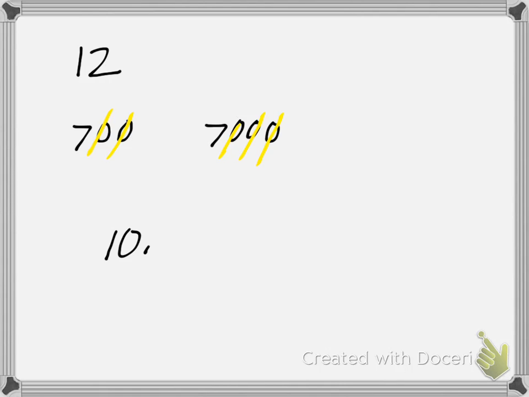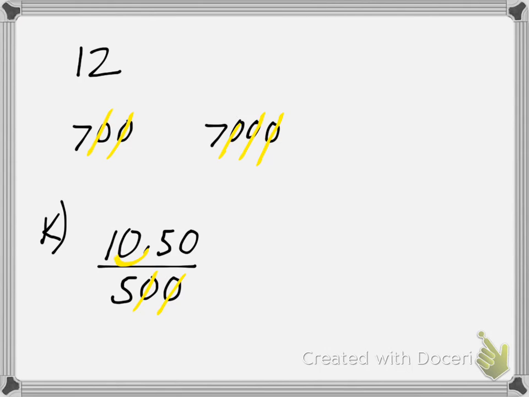So you have on K 10 and 50 hundredths divided by 500. So divide by 100, and so you divide this by 100, so your new decimal point is there. So 0.105 divided by 5.